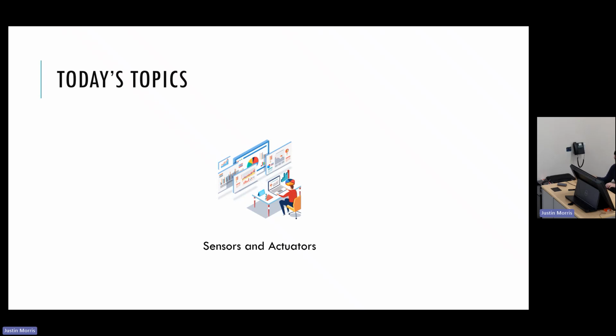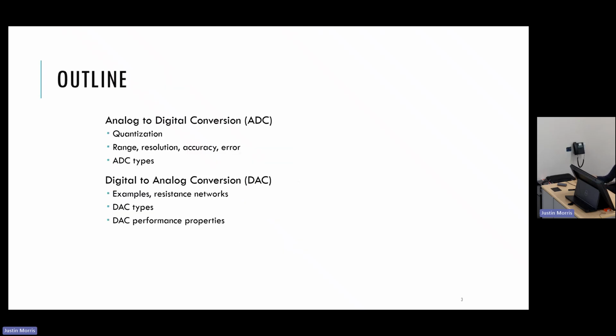Okay. So sensors and actuators. To begin to cover sensors and actuators, we actually have to cover analog to digital conversion and then also digital to analog conversion, because we live in an analog world, right? So all of our signals that we're processing, they're continuous, they're in the time domain, and they don't have these discrete values.